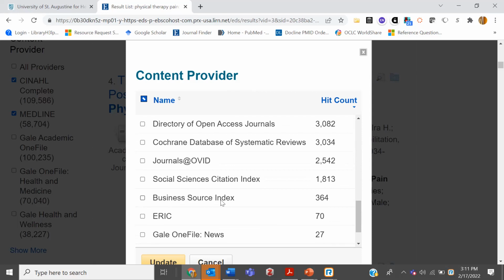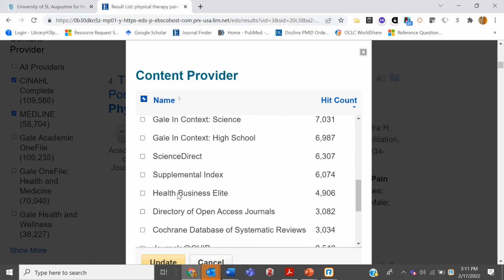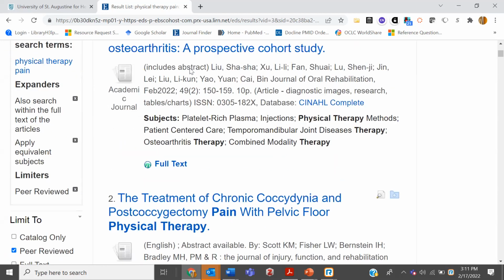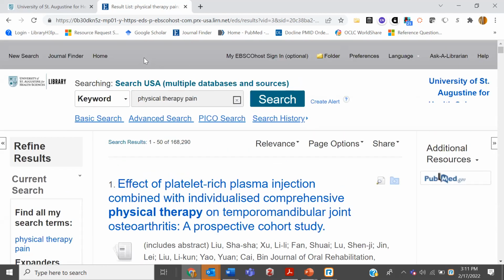So if we exclude from our search the less relevant indexes, let's say we're looking for physical therapy in pain management, we have no interest in any of the things that are going to be returned from the social sciences or business indexes. So you can select the database that you're searching by topic, and that will keep your results from being crowded with potentially completely irrelevant items.